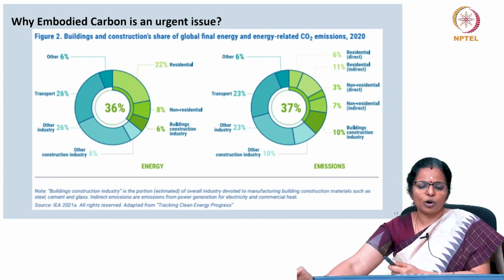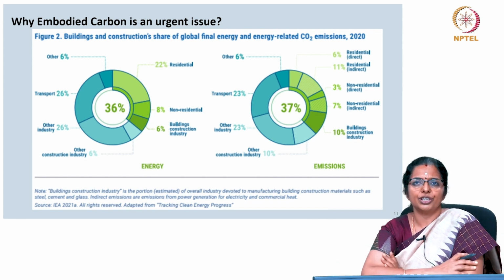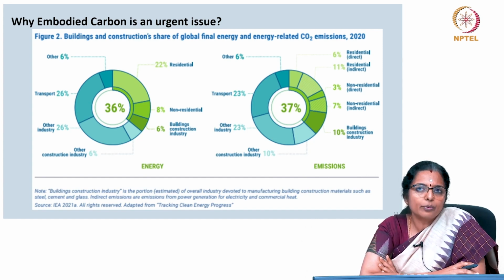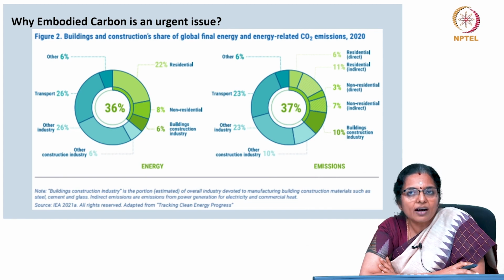Now, why is embodied carbon an urgent issue? So, we are currently facing a climate emergency as highlighted by the 2018 UN IPCC, Intergovernmental Panel on Climate Change. It depicts a stark contrast between a world with a 1.5 degree and 2 degree temperature increase.